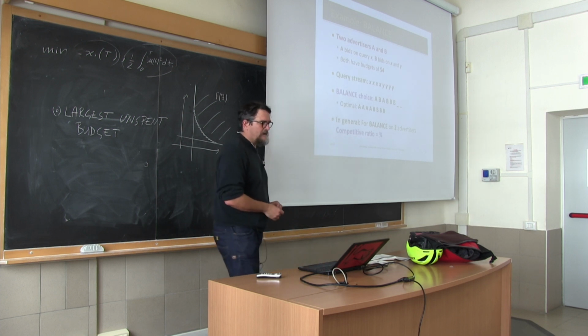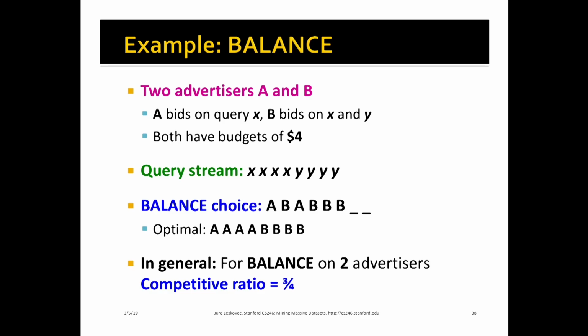Let's see what happens here. So the query stream is as before: x, x, x, y, y, y. The budget is 4. Say that if you have a tie, we break it by taking the advertiser first in the lexicographic order, so A. So at the beginning, x appears, both have 4.